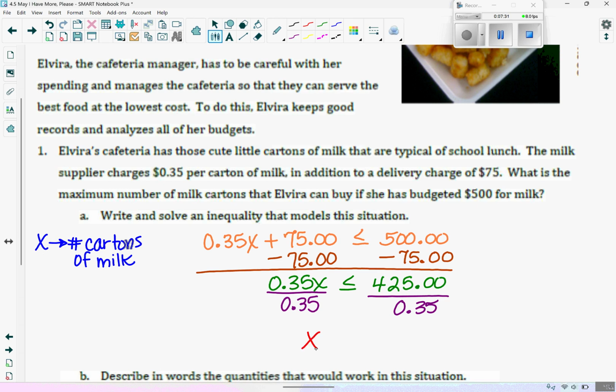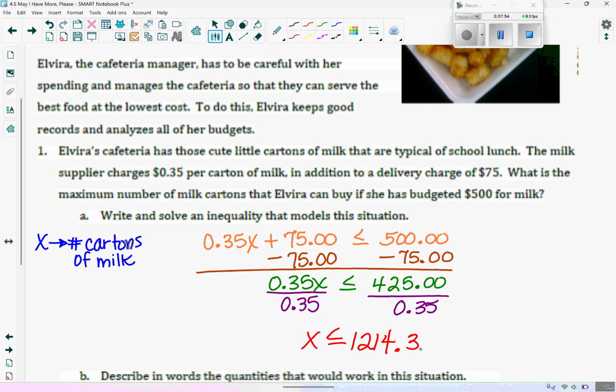So x is less than or equal to 1,214. And I'm going to round it to 3. Okay. But I'm going to stop there. The decimal is actually 1,214.28571, and it'd probably keep going. But remember that 8 rounds the 2 up to a 3.